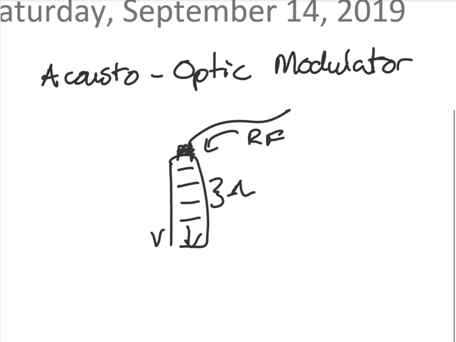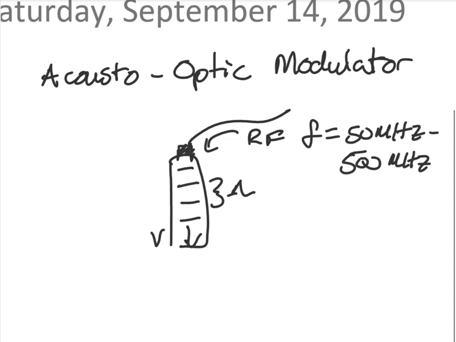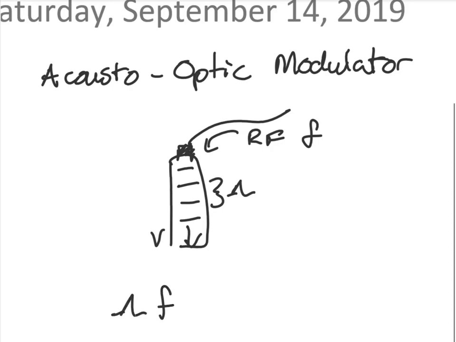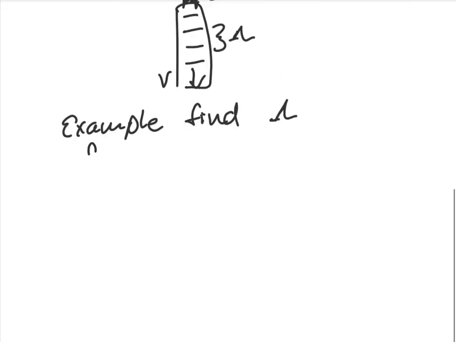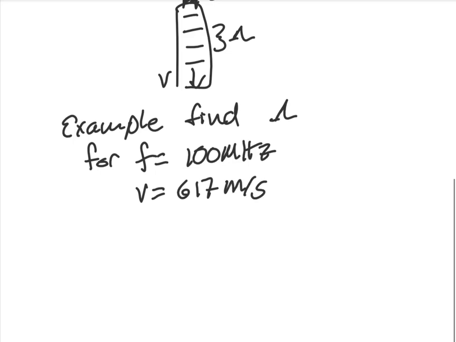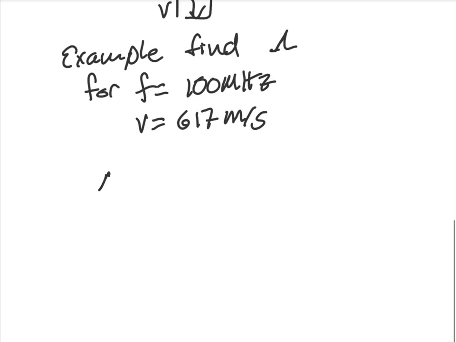big lambda. Now, typical frequencies to excite an acousto-optic modulator might range from between 50 megahertz to somewhere in the neighborhood of 500 megahertz or maybe a gigahertz. Now, we can find big lambda using the familiar expression, big lambda F equals V. So, if we look at an example, let's try to find big lambda given a driving frequency of 100 megahertz and a wave speed of 617 meters per second.